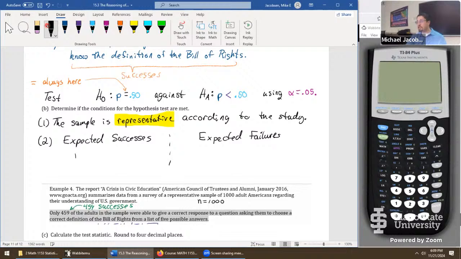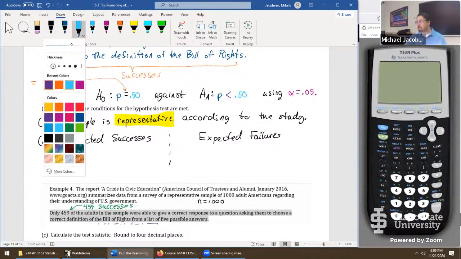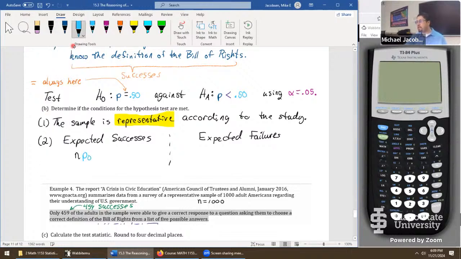The formula for the successes is n times P naught. The sample size n was 1,000, and P naught is 0.5. I think that's going to be our easiest sample size check ever because now we're just cutting it in half.